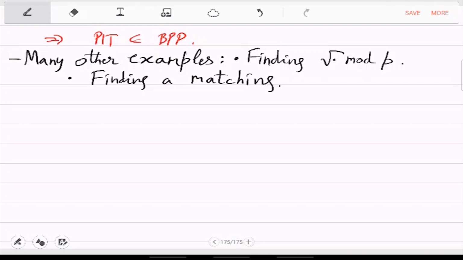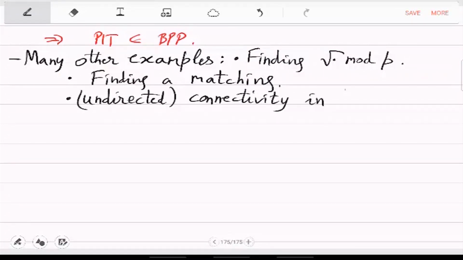So matching has a randomized algorithm, or as I once mentioned, also undirected connectivity in log space. Okay, that also has a randomized algorithm.